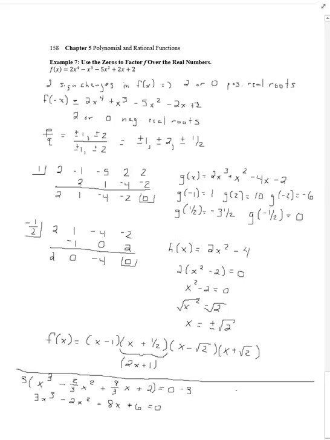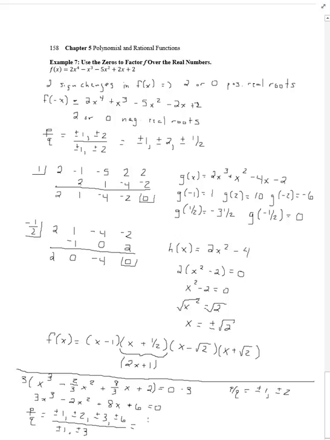If we did it from what we originally have, we would get p over q equals plus minus 1 and plus minus 2. Let's see what happens if we do it from our new equation after we got rid of the fractions. Then we would get p over q equals plus minus 1, plus minus 2, plus minus 3, and plus minus 6 over plus minus 1 plus minus 3.